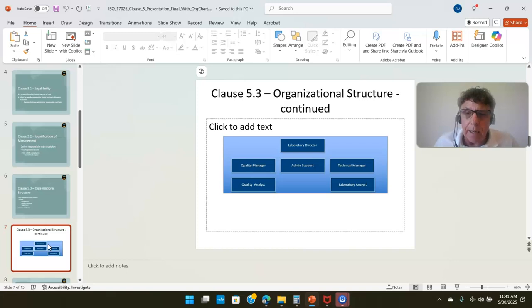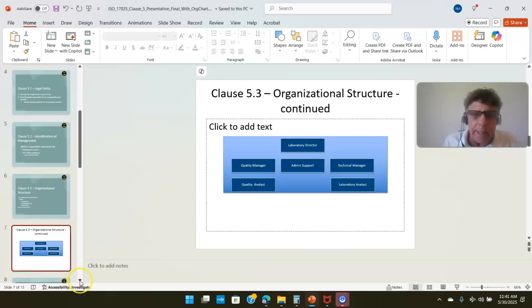So if there are any disputes between the quality manager and the technical manager, where the technical manager runs the lab and the quality manager runs quality, then it would be up to the laboratory director to make any necessary decisions that would impact what the quality manager wants to do and what the technical manager wants to do. This is an example of a laboratory that's structured to safeguard impartiality.